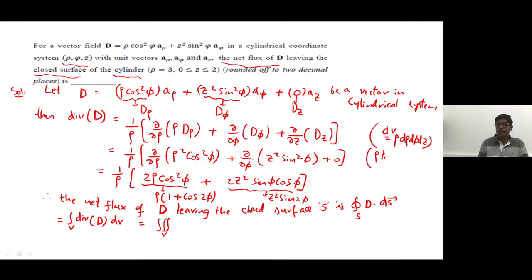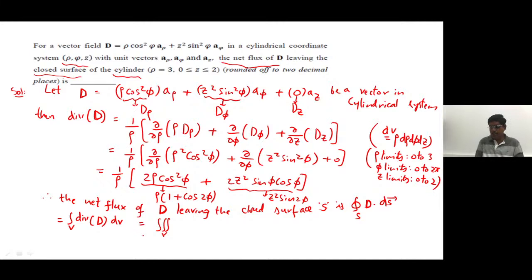Rho limits 0 to 3. Rho 0 means a point, the circle's maximum rho radius is given as 3. And phi limits in that circle, base or top, 0 to 2 pi, complete circle. Z limits 0 to 2. Hope that is understood and you are following.